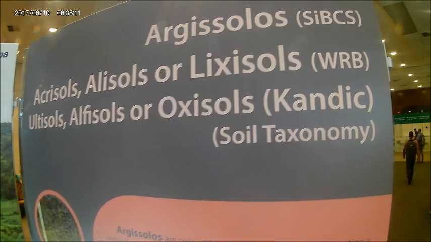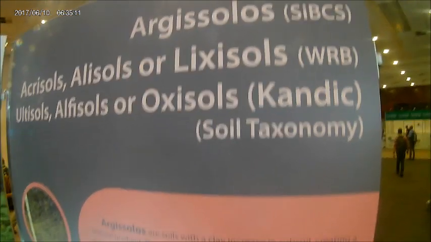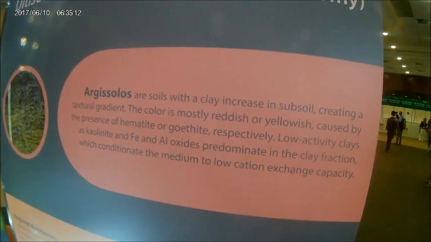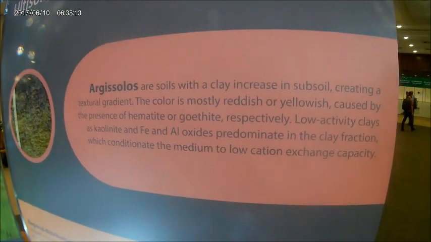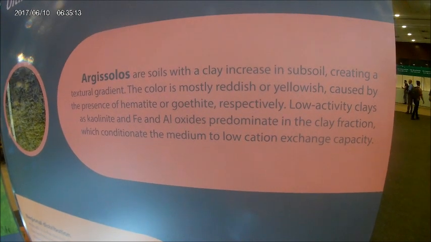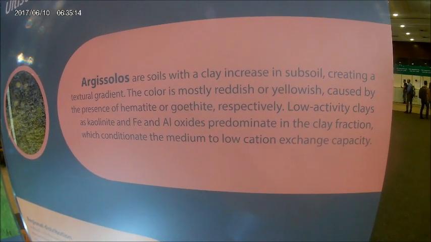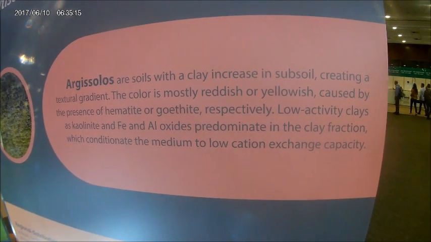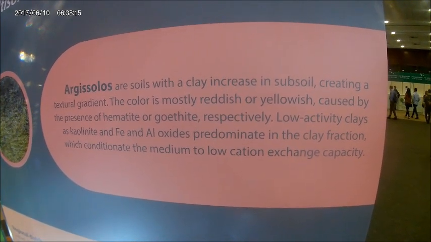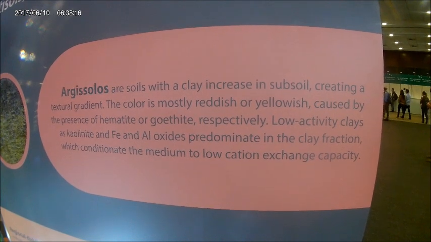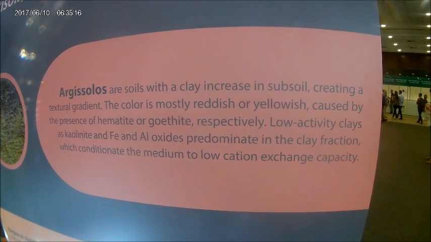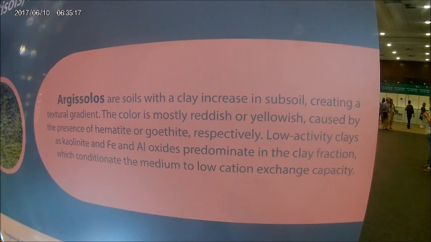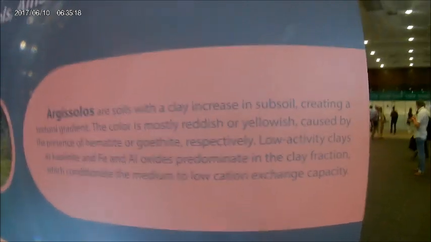So the next soil order they had in the Brazilian classification is argisols, which are similar to alfisols or ultisols in the U.S. soil classification. And the difference between alfisols and ultisols is the alfisols have high amounts of calcium and sodium and magnesium and potassium as exchangeable cations, which are bound to the clays, and a higher pH generally.